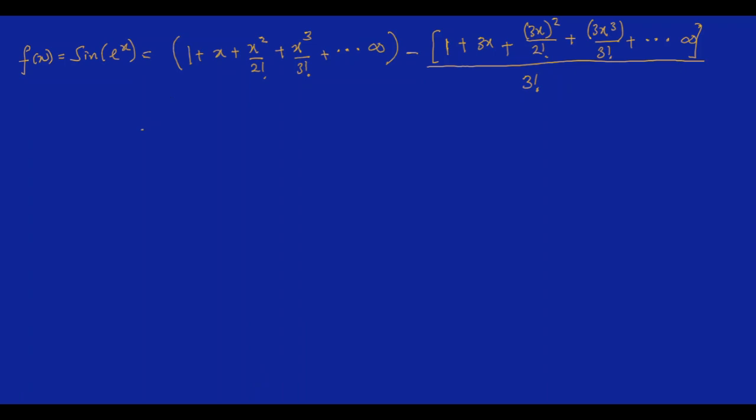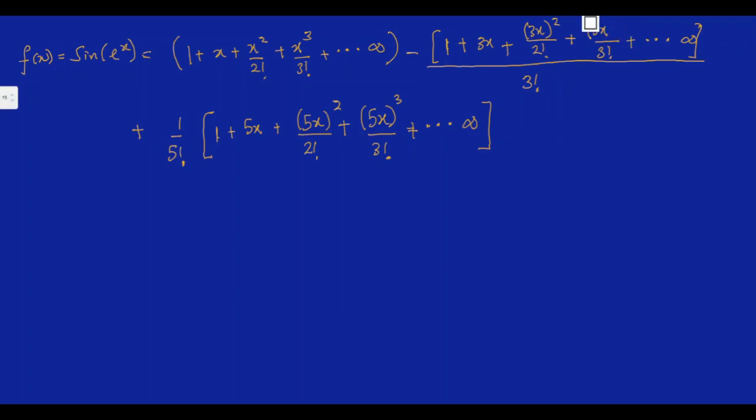Then the next term, which is 1 divided by 5 factorial multiplied by 1 plus 5x plus 5x squared divided by 2 factorial, then plus 5x raised to the power of 3 divided by 3 factorial plus the rest of the terms up till infinity. Also here, it should be 3x all raised to the power of 3.